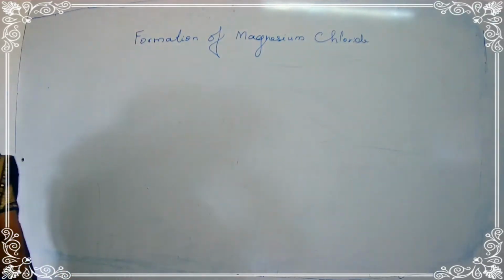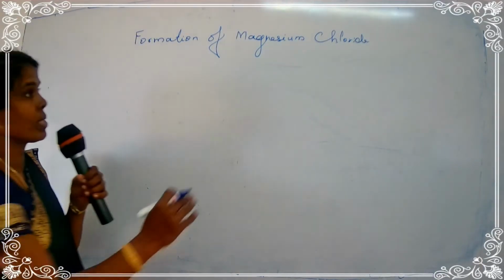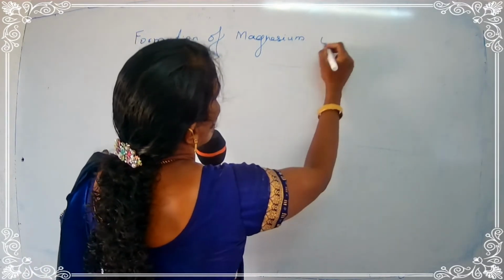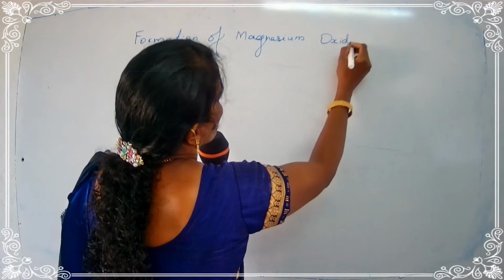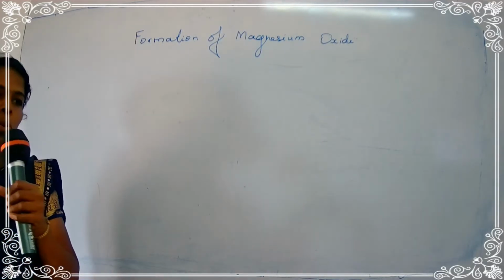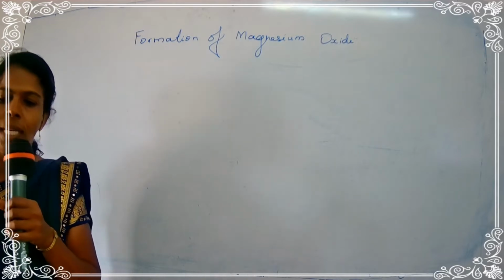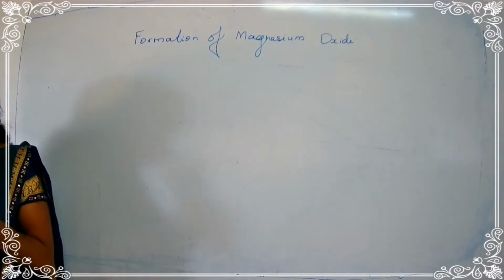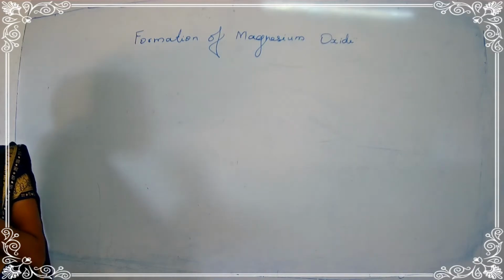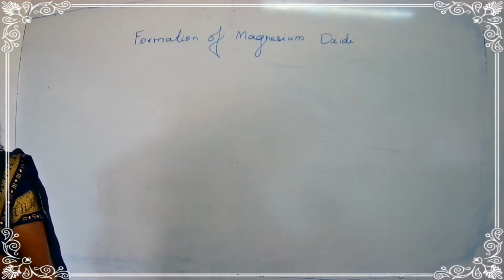Okay, magnesium oxide. It is not chloride, it is oxide. Here we have already seen the formation of sodium chloride. Today we are going to see the formation of magnesium oxide.